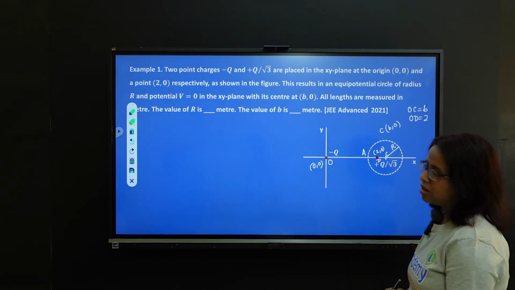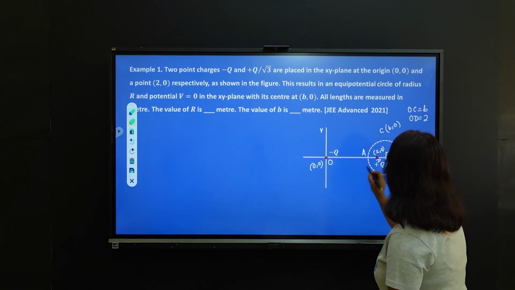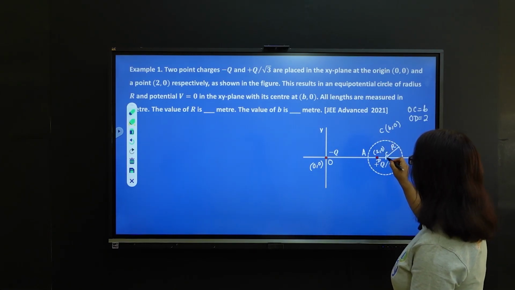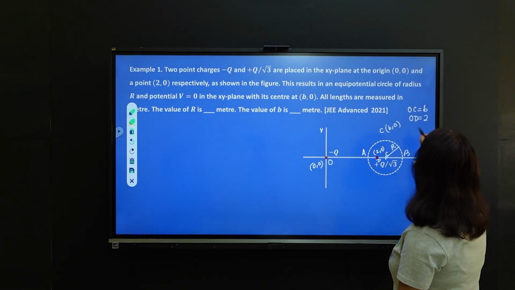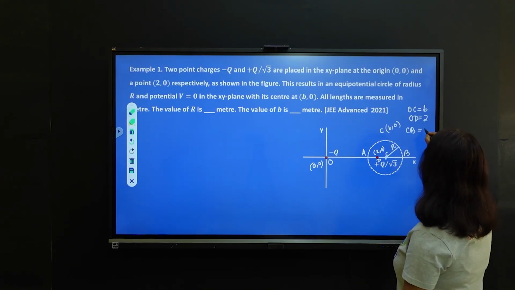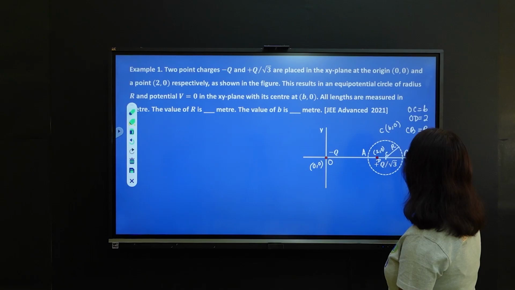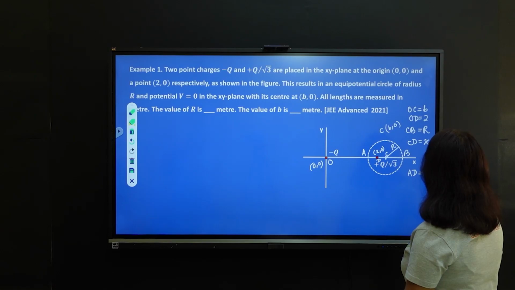This AC is nothing but the radius again. C is the center, and let us take this point as B, so we have CB equal to the radius, which is R. Let us assume CD to be X, and AD to be X dash.